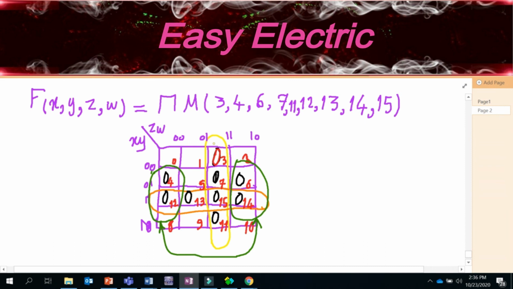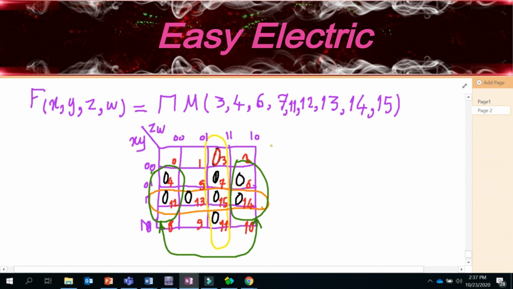How about Z and W? In all of them, it is 1 and 1.